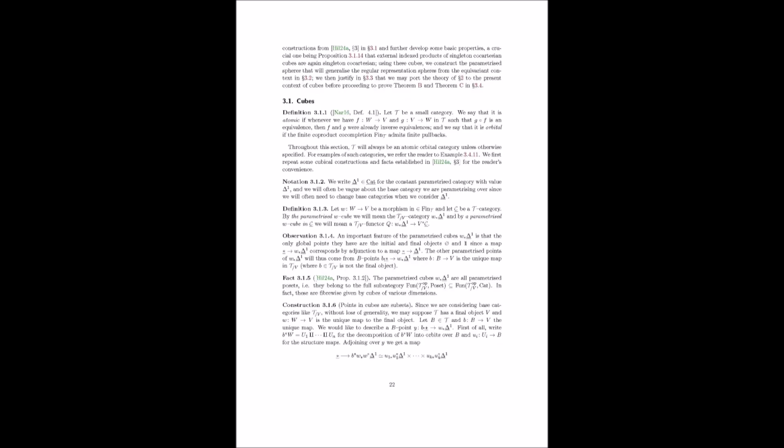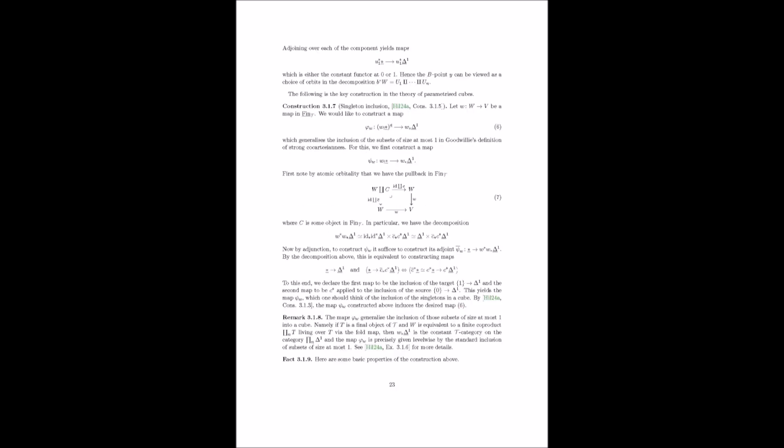Recall that we also defined spherical excision, involving those parameterized spheres, which are objects that generalize the idea of spheres. Those families of spheres in different dimensions. Exactly. And here's the really crucial observation: a spherically excisive functor is automatically singleton excisive.